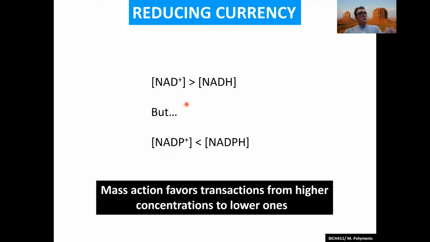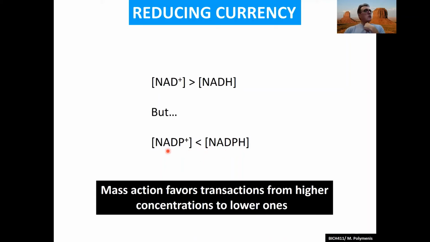If you bring in electrons, let's say from food, you will favor the formation of the reduced form of NAD to NADH. So those electrons tend to find their way onto NAD, becoming NADH. On the other hand, the cells maintain the reciprocal relation in the relative concentration of NADPH to NADP. So NADPH is found at much higher concentrations, so it's more favorable to actually use NADPH than to generate it.